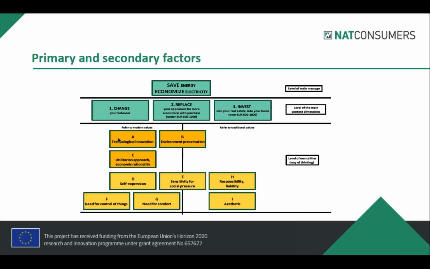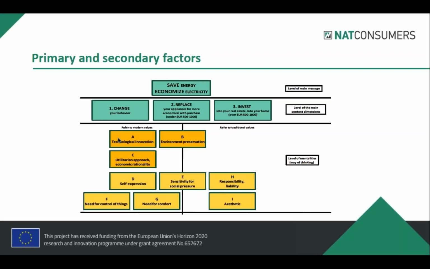One is a technological innovation driver. The related questions look in more depth at the technology, and therefore whether a framing of energy saving messaging around technological improvement and new gadgets would be appropriate.